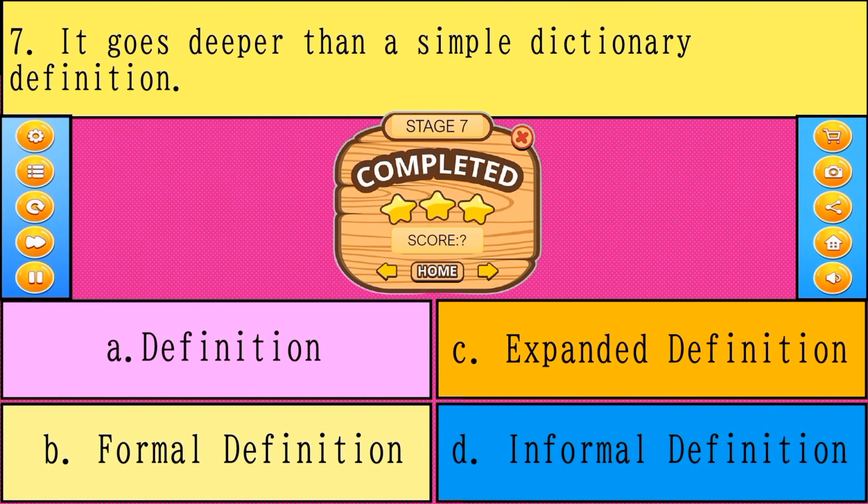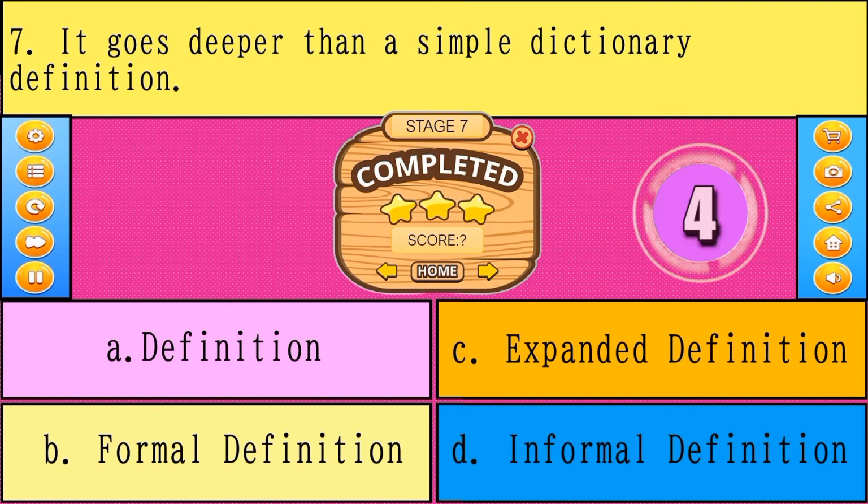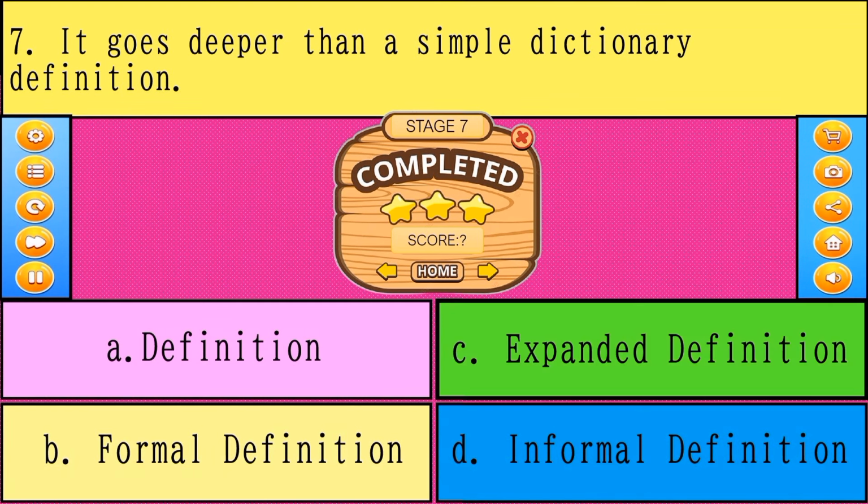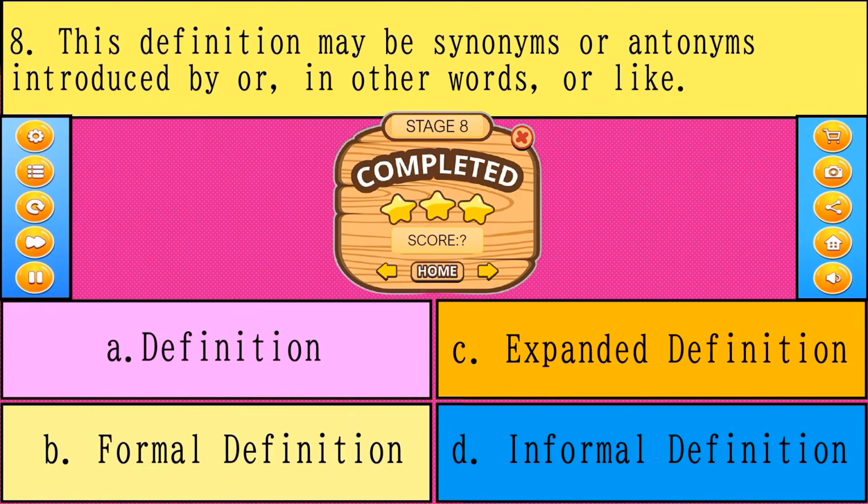Number 7. It goes deeper than a simple dictionary definition. Answer is C. Expanded definition. Number 8. This definition may be synonyms or antonyms introduced by or, in other words, or like.